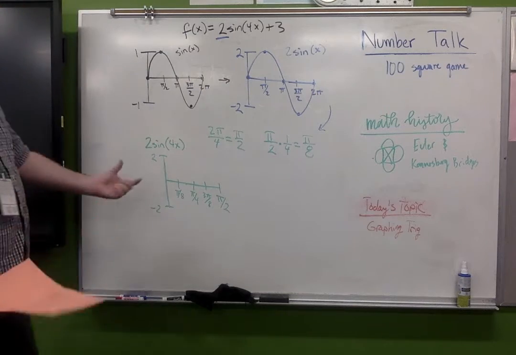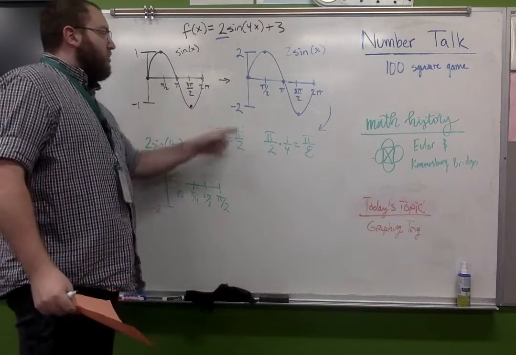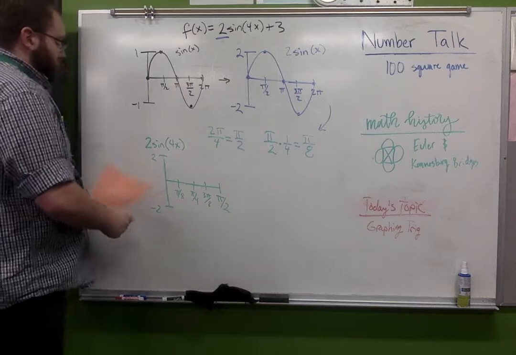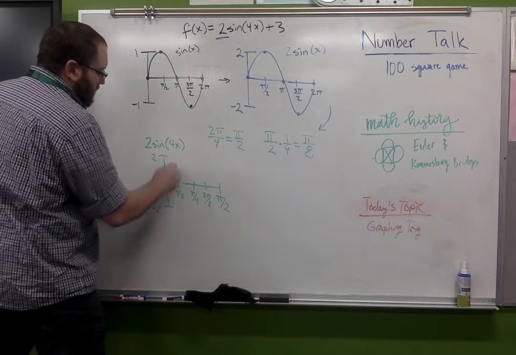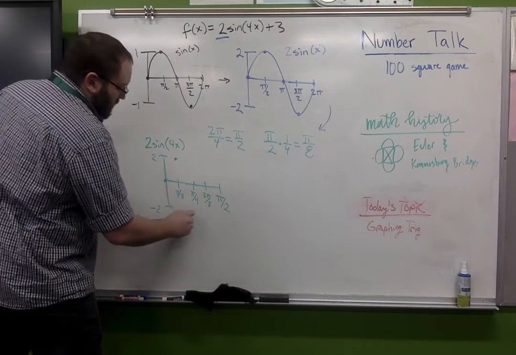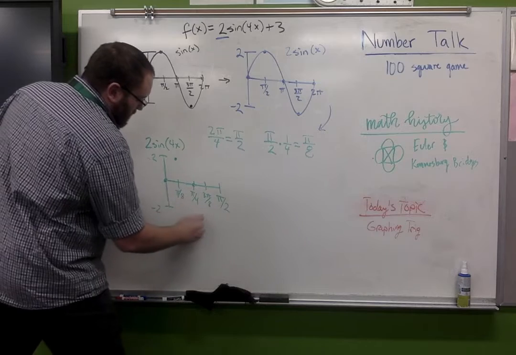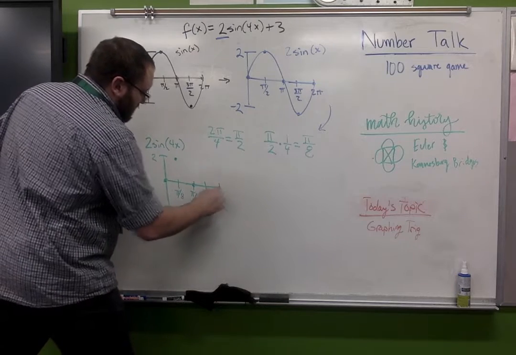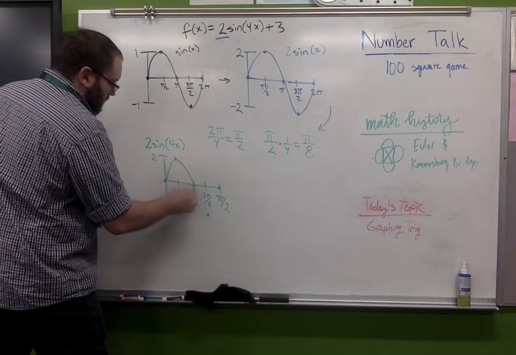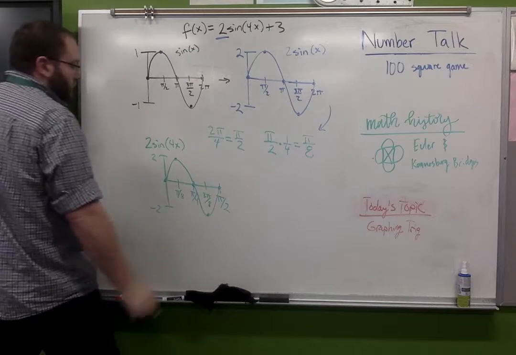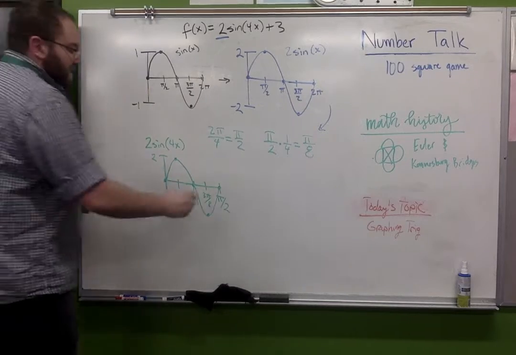Okay, so my x values, or my angle values, changed, but the points don't change location, so it's still 0, 2, 0, -2, 0. There's that graph.